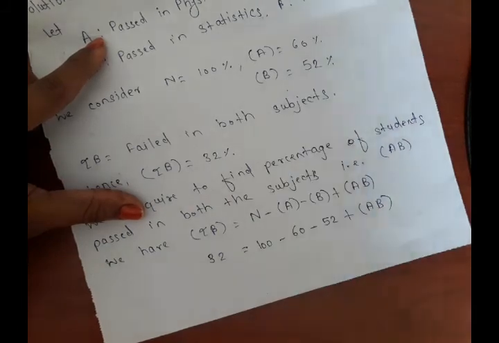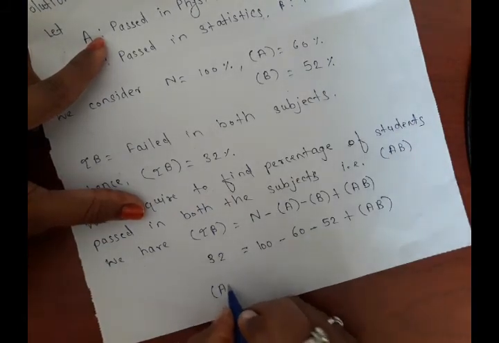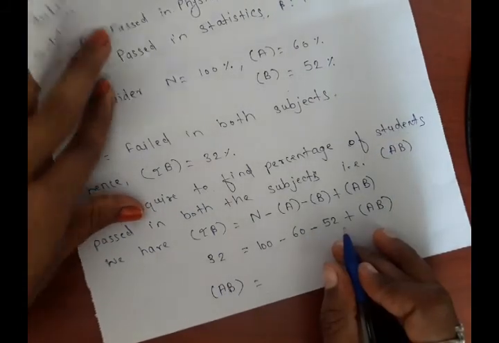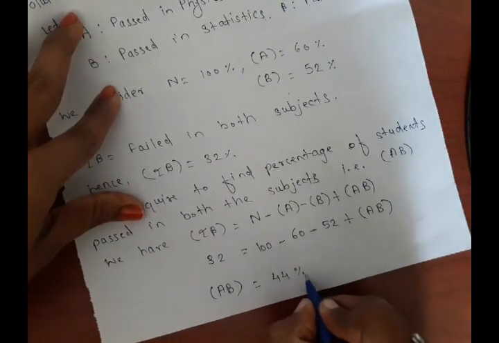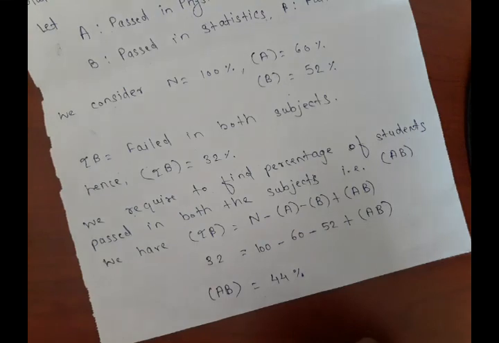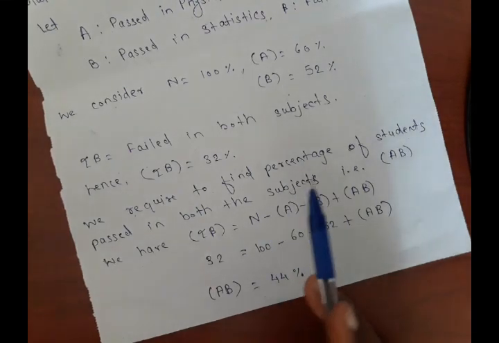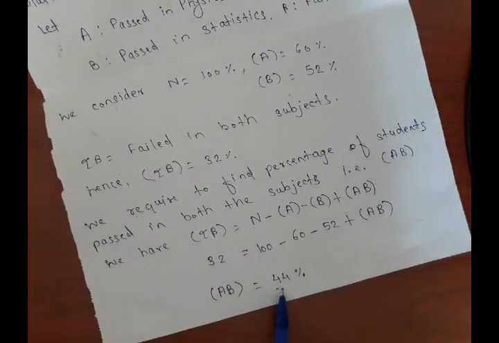After solving this, we get (AB) is equal to 44%. That is, students who pass in both the subjects is 44%.